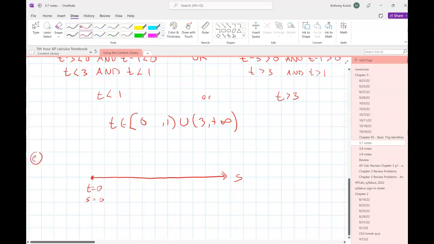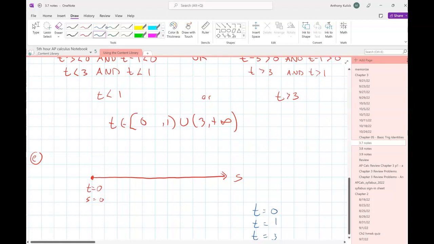Okay. So here's what I'm going to do. So we know that there's 3 times that we care about, right? What are the times we care about? We care about t equals 0, t equals 1, and t equals 3.